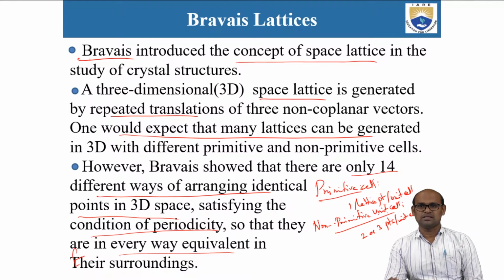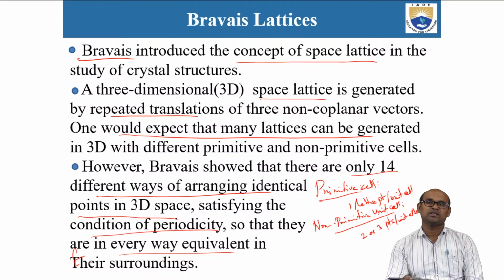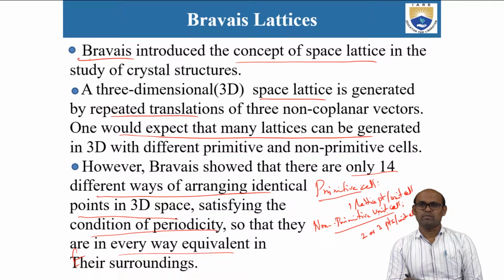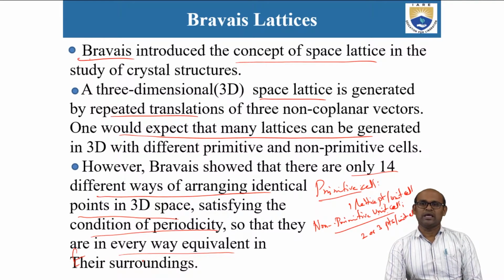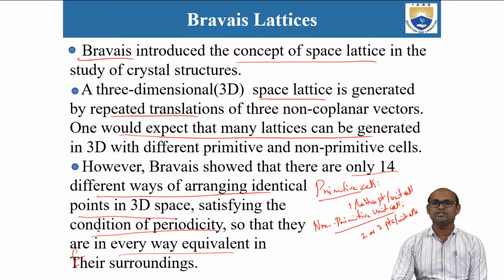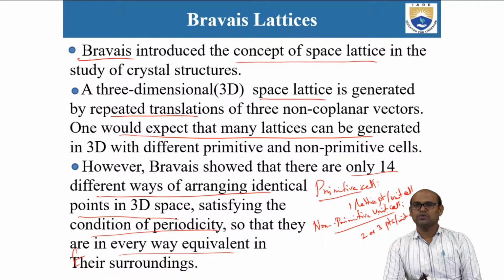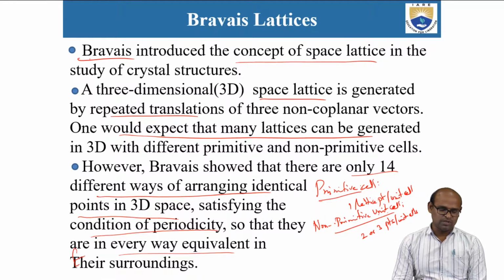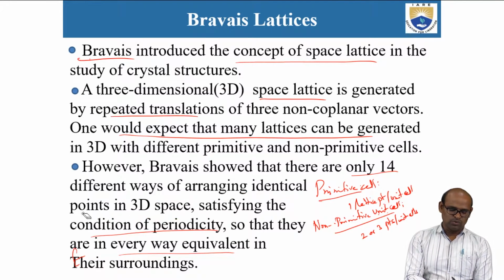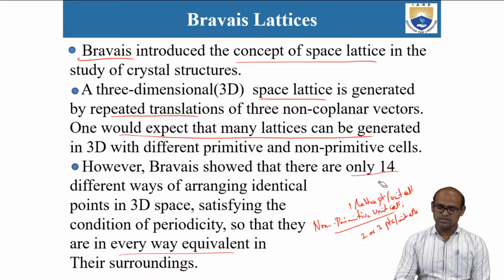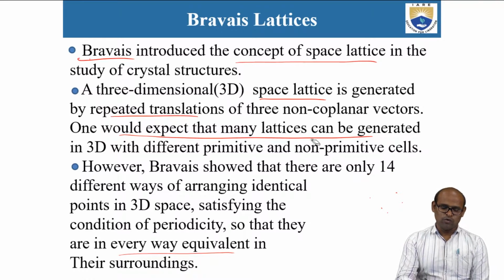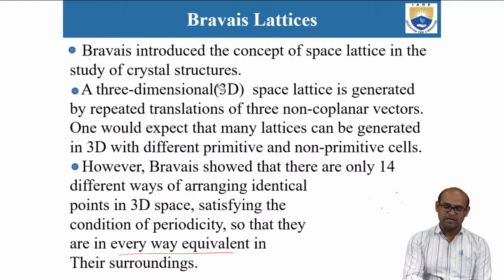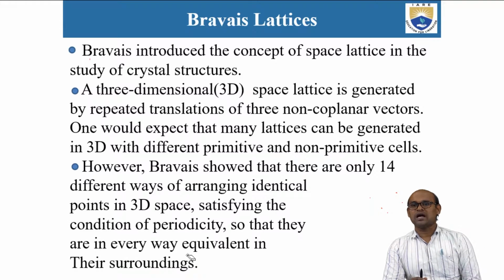These space lattices must satisfy the condition that every point looks the same as any other point, so the surroundings of every point are equivalent. Satisfying this condition of periodicity, Bravais showed that you can generate only 14 different types of space lattices in 3 dimensions, not many more using just repeated translations and primitive and non-primitive unit cells.